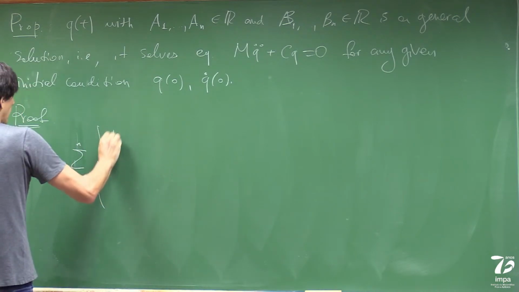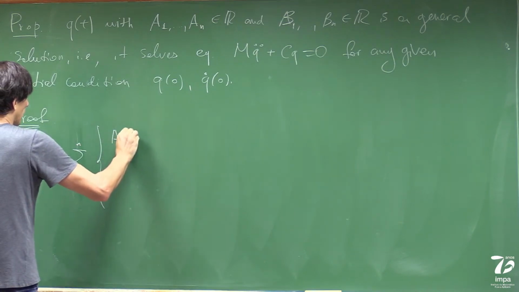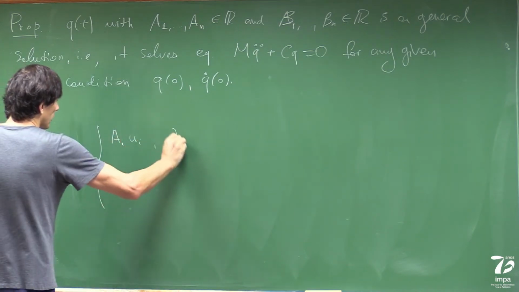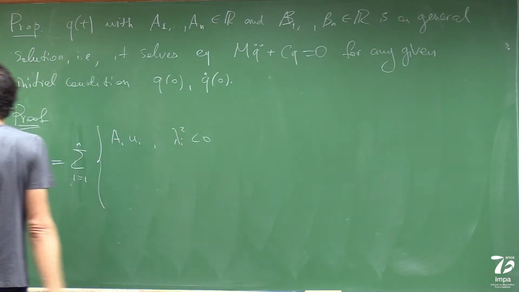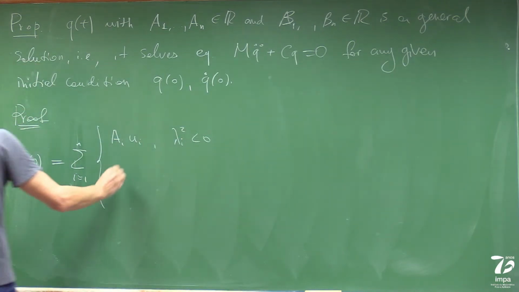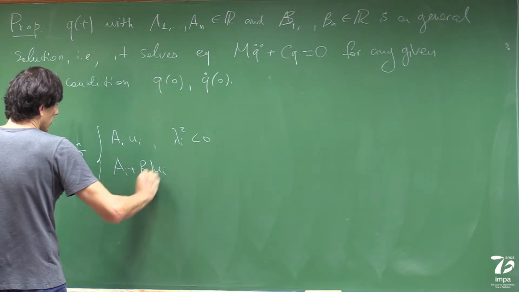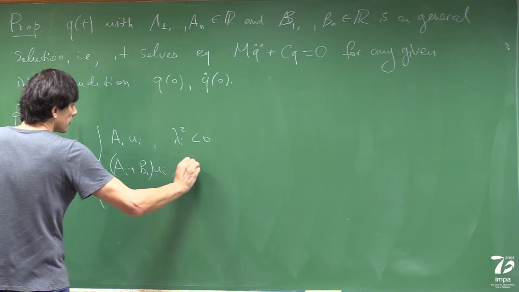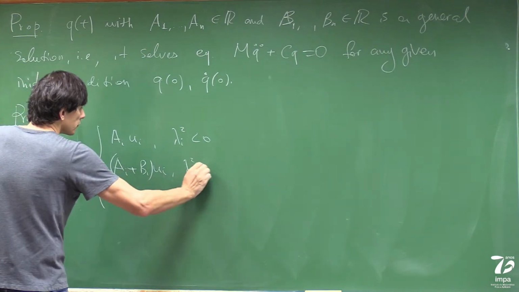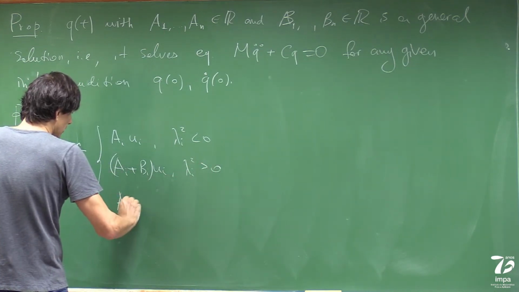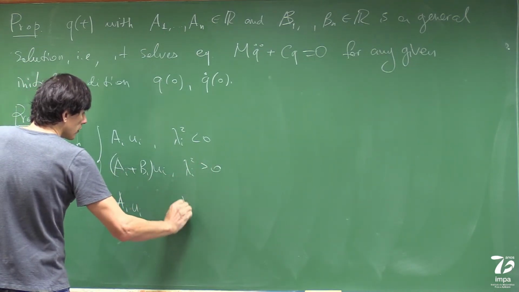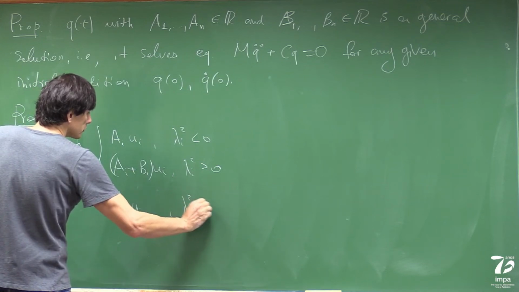It will be a_i u_i when lambda_i squared is negative. Here we get (a_i plus b_i) u_i when lambda_i is positive, and a_i u_i when lambda_i squared is 0.